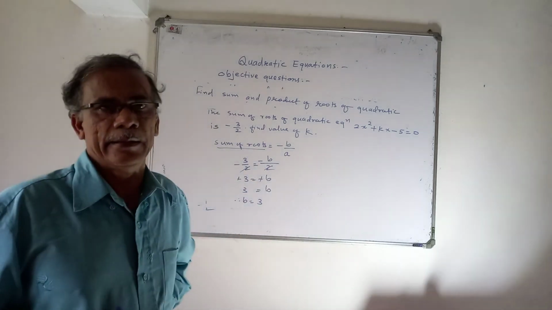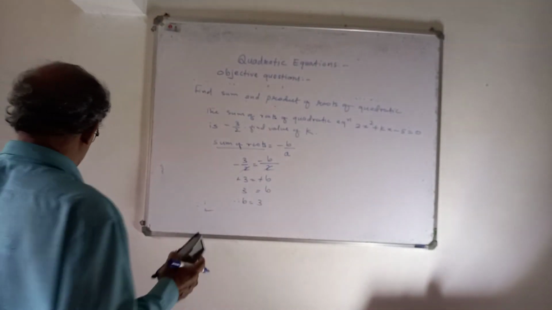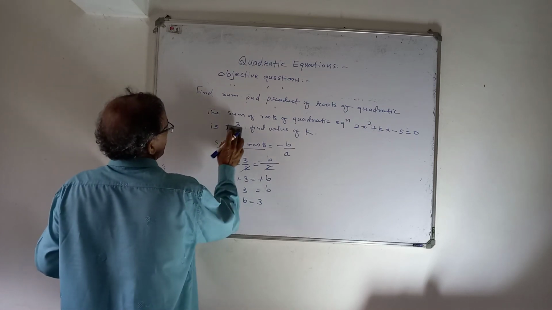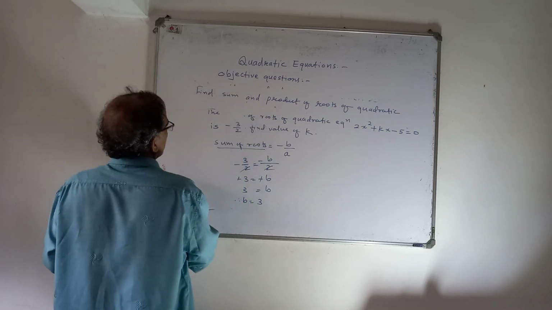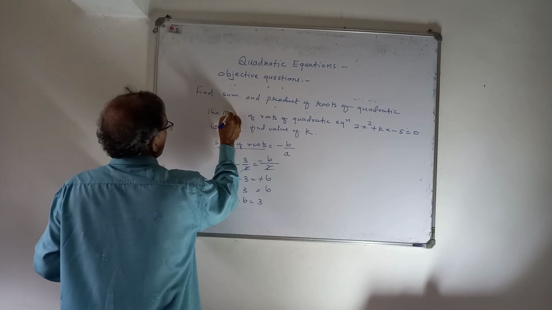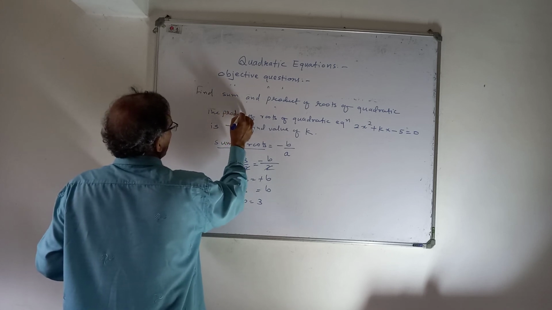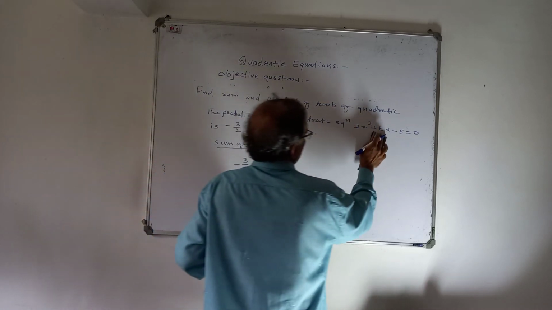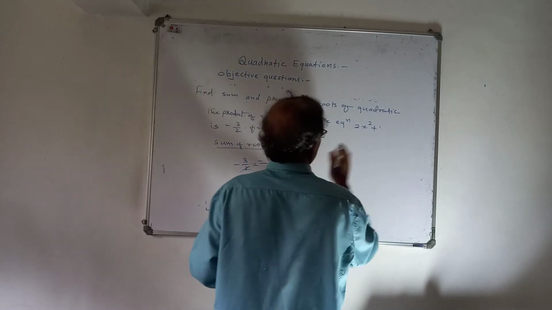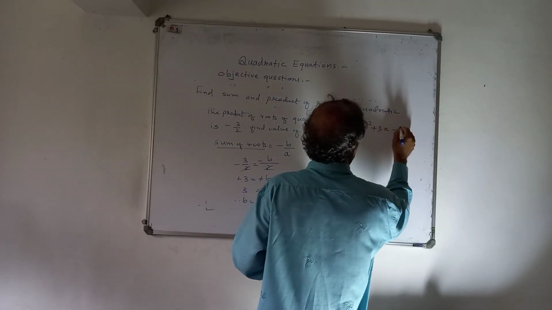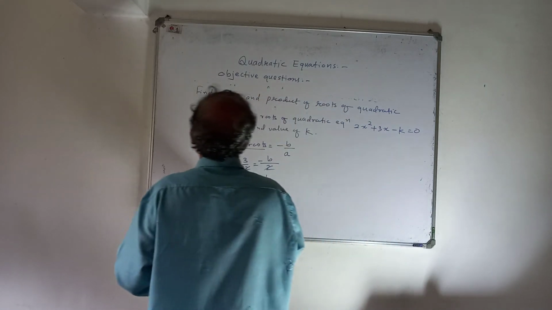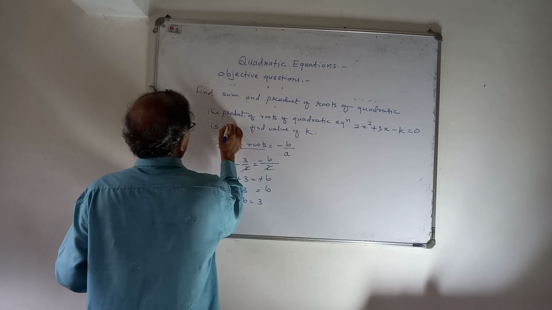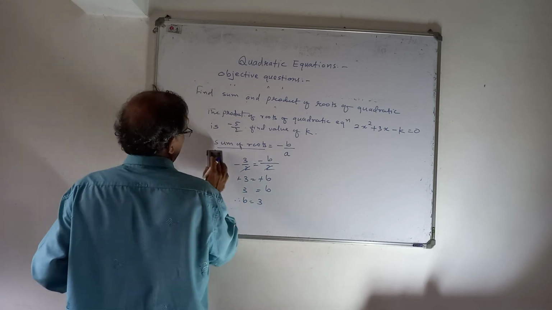Then suppose I shall give you a second example. The product of roots of quadratic equation 2x square plus 3x minus k is equal to 0 is minus pi by 2. Find the value of k.